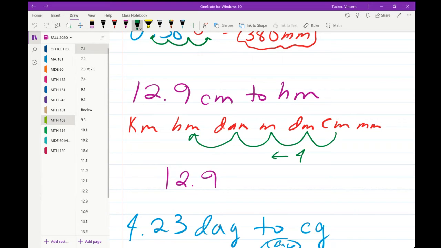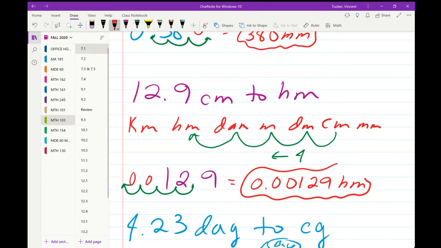So I take that 12.9 and go 1, 2, 3, 4 to the left, using 2 zeros as placeholders. So that's 0.00129 hectometers.